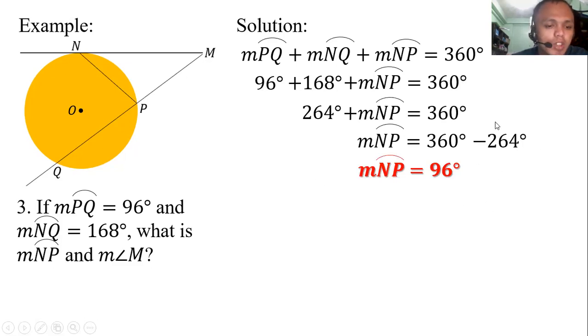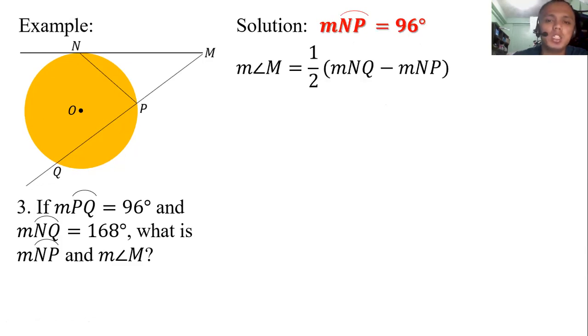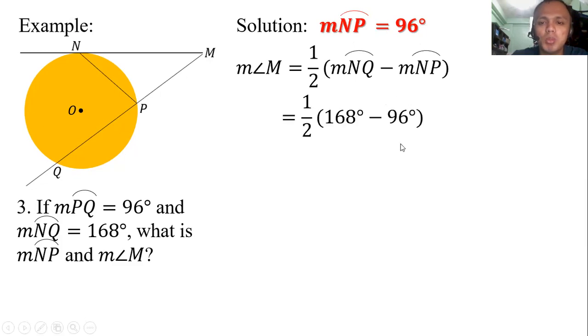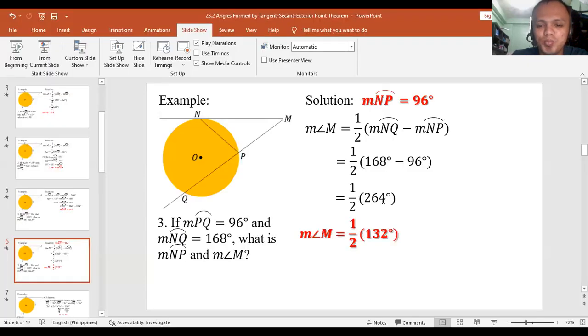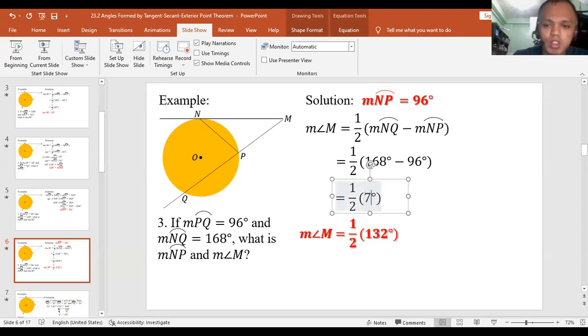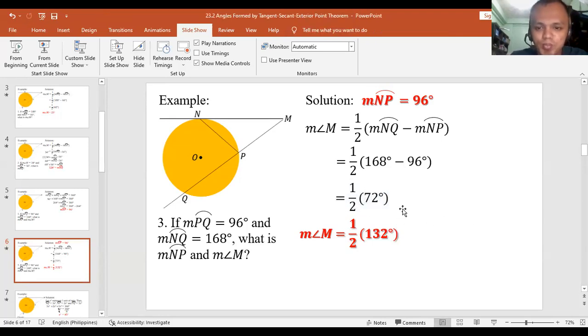Now, let's proceed to the measure of angle M. Since NP is 96, using this formula again, substitute NQ as 168 and NP as 96. 168 minus 96 is equal to, wait, I made a mistake here. Correct this one. 168 minus 96 is equal to 72. 16 minus 9 is 7.